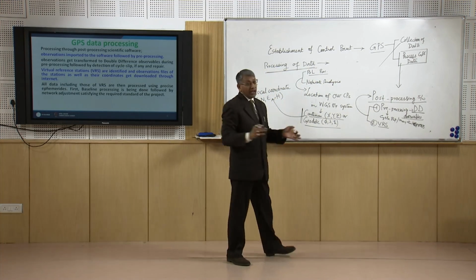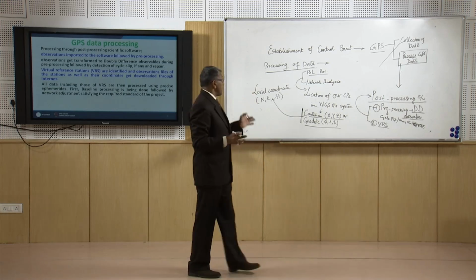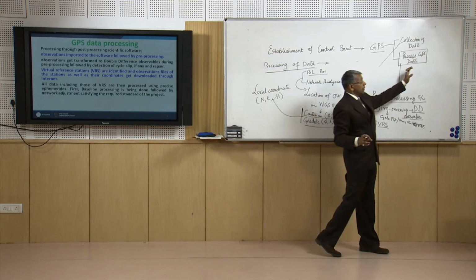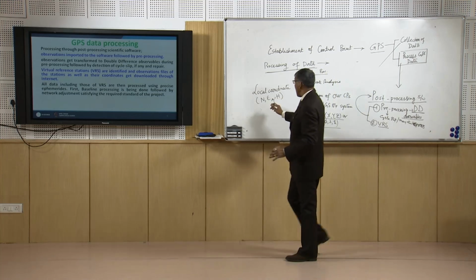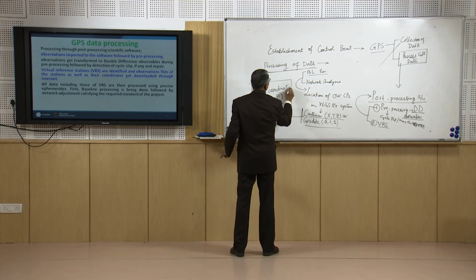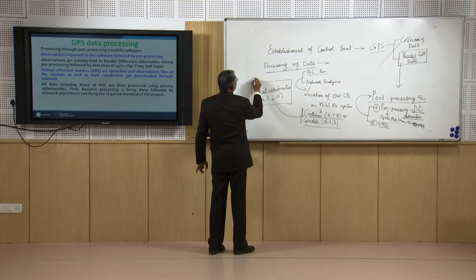That means at the end of GPS data processing we should have the local coordinates of the control point.